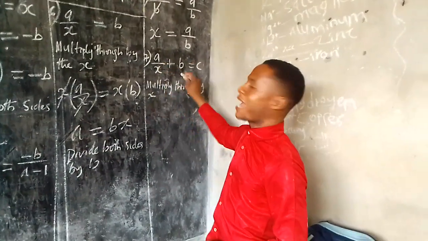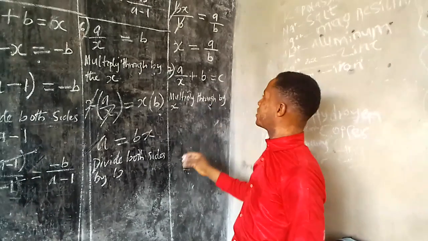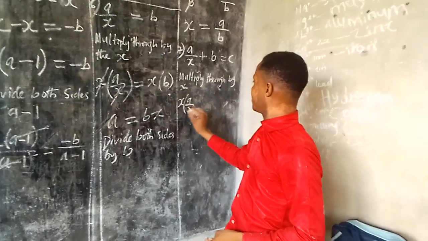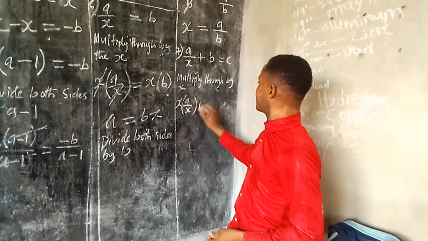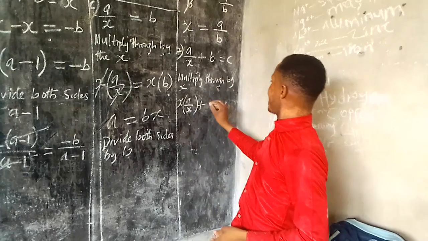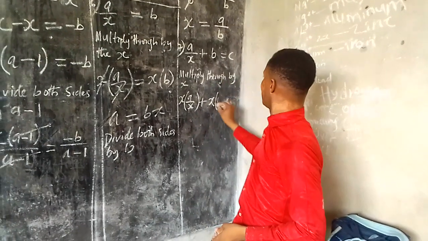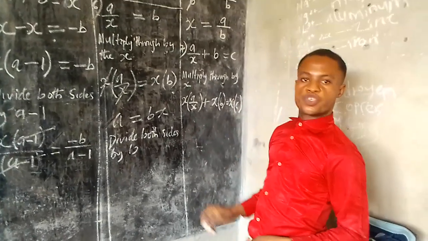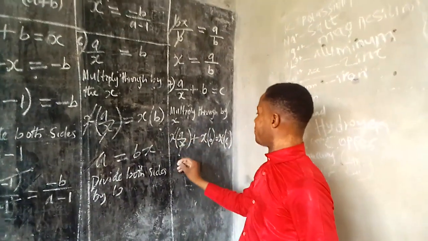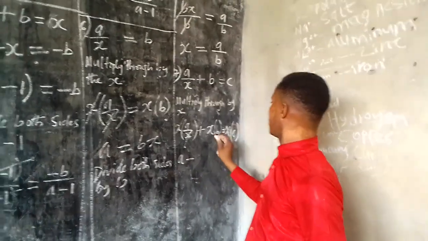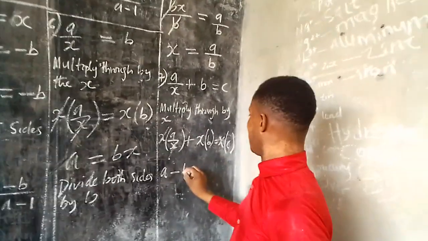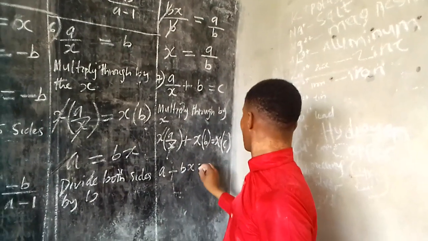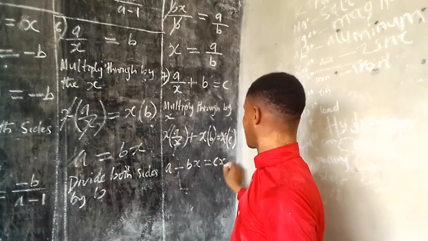That means each of the terms should be multiplied by x. We have the first term a over x multiplied by x, plus x multiplied by b equals x multiplied by c. So when x cancel x, what remains here is a plus x times b, bx, equals x times c, cx.